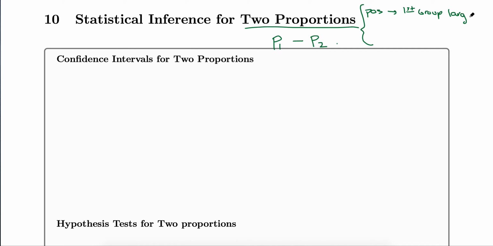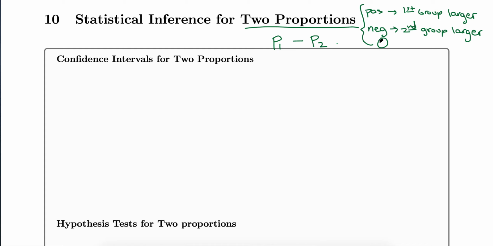On the other hand, if I get a negative value, then that's telling me the second group was bigger. I've got a small minus a big number to give me negative, so negative values of this difference again tell me the second group is larger. And then if I just get 0 here, then that's telling me these guys are the same.